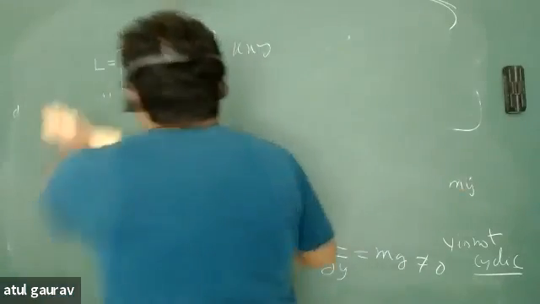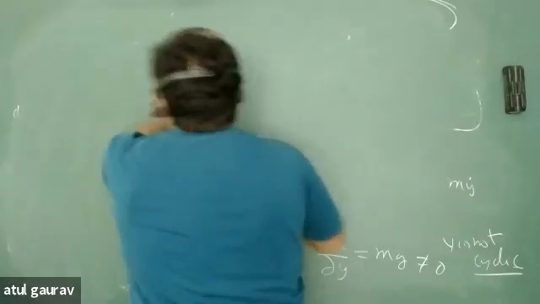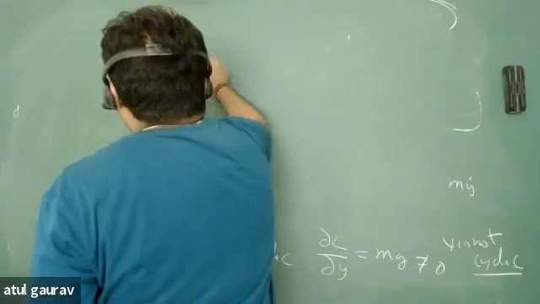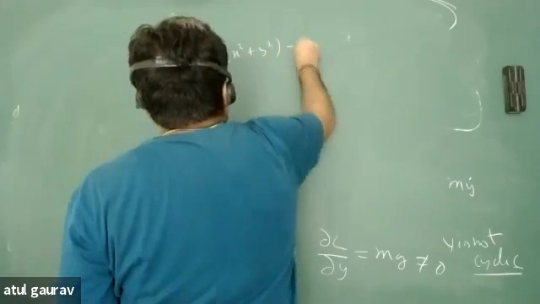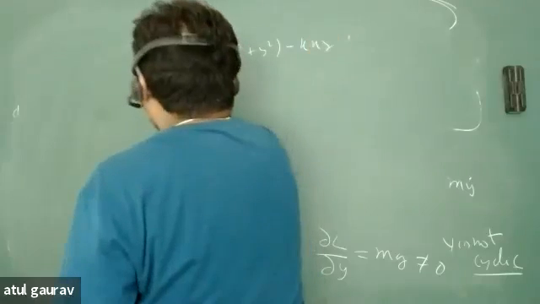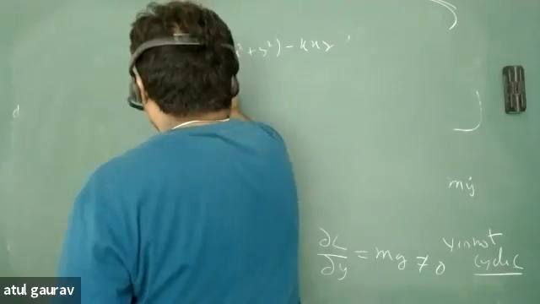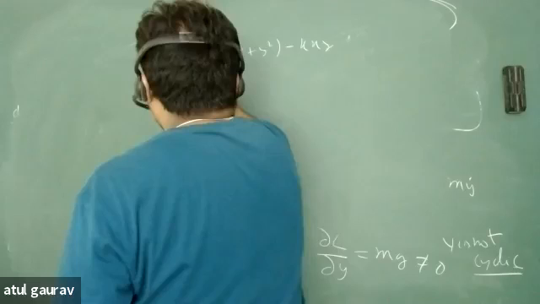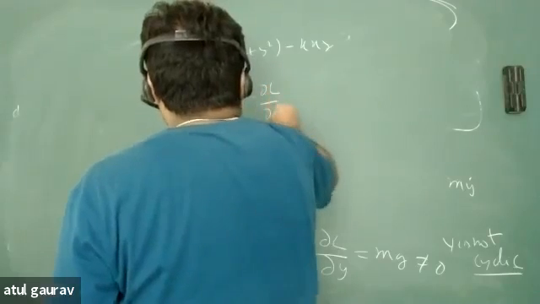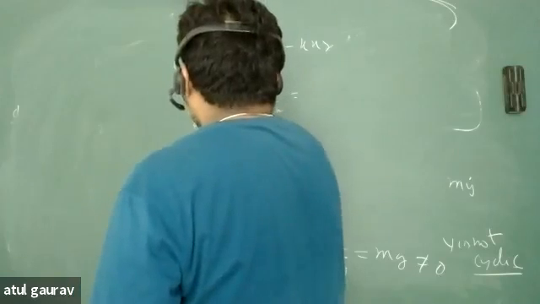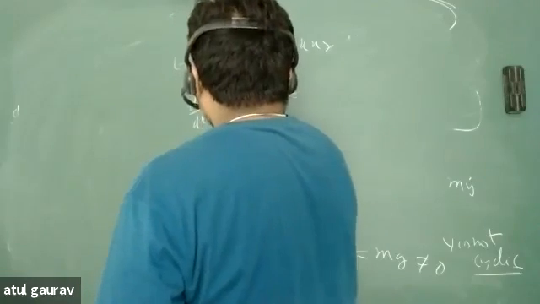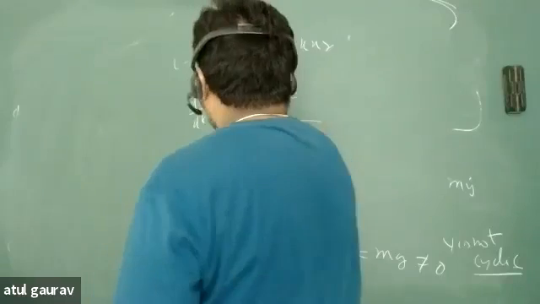Suppose this is your Lagrangian, half m x dot square plus half m y dot square minus kxy. Suppose you solve d upon dt del L upon del x dot minus del L upon del x, then what will happen? m x double dot plus ky is equal to 0.